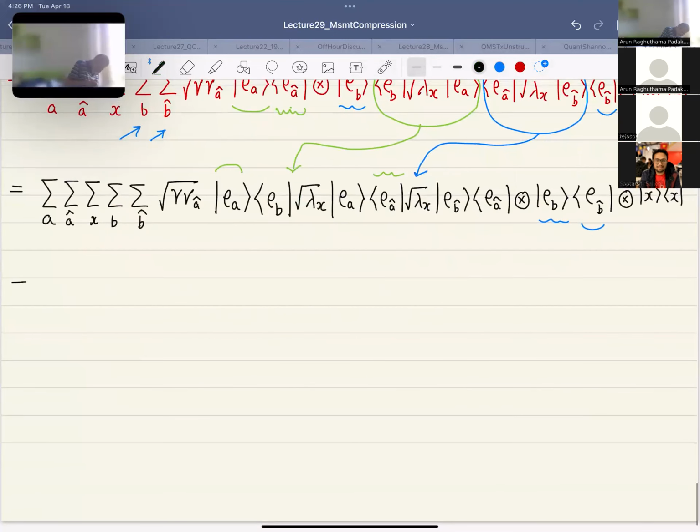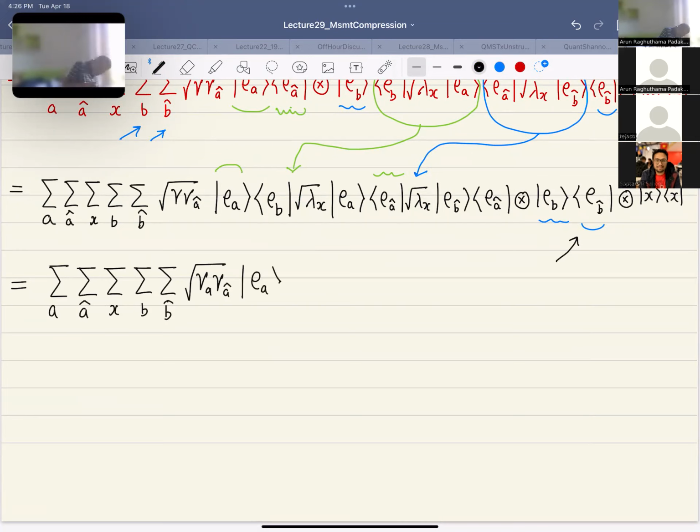Okay, why did I do all this? Because we are going to trace out this, and when I trace out this, I'll get something simpler. So I claim the following. So this is A, and I'll let you check this. So X B hat gamma A hat EA lambda X root lambda X transpose.